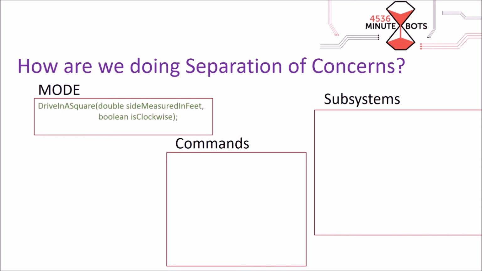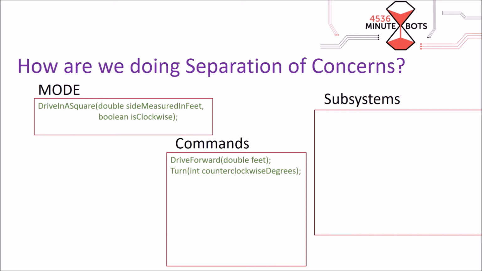Let's say in mode, we decide for our autonomous portion, we're going to drive in a square. And the command that we're going to use, there's two commands. One is drive forward in feet and turn in counterclockwise degrees. So those are the two commands that we're going to use to drive in a square.